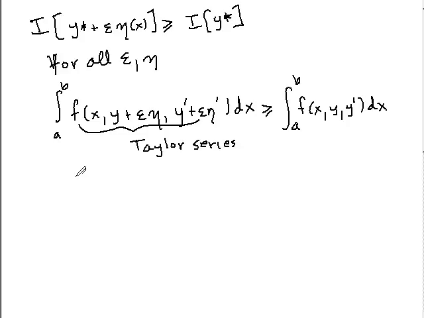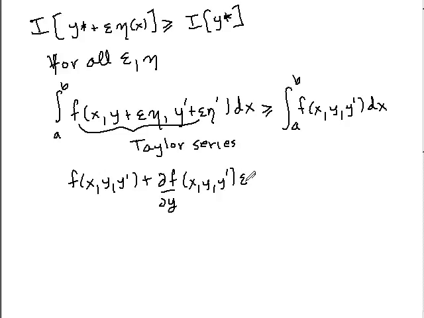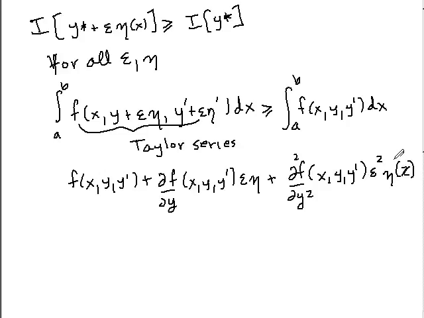Well, we just write this as f of x, y, y prime, plus df dy evaluated at x, y, y prime, times eta epsilon, plus then you'll have a d squared f dy squared term, times epsilon squared eta squared over 2, plus some higher order terms. That's just this argument here.